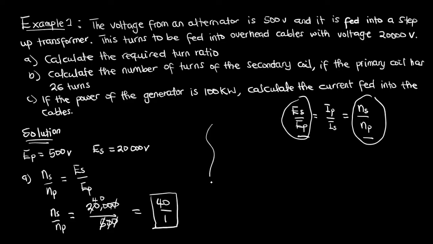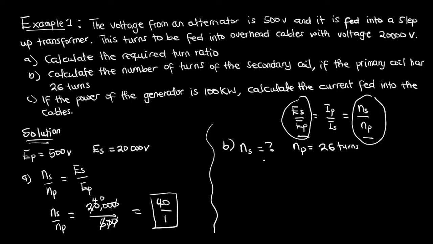So if that is the case, let's look at B. B is saying that we have to calculate the number of turns in the secondary coil, which we represent by NS. This one is unknown. The primary turns is 26 turns.